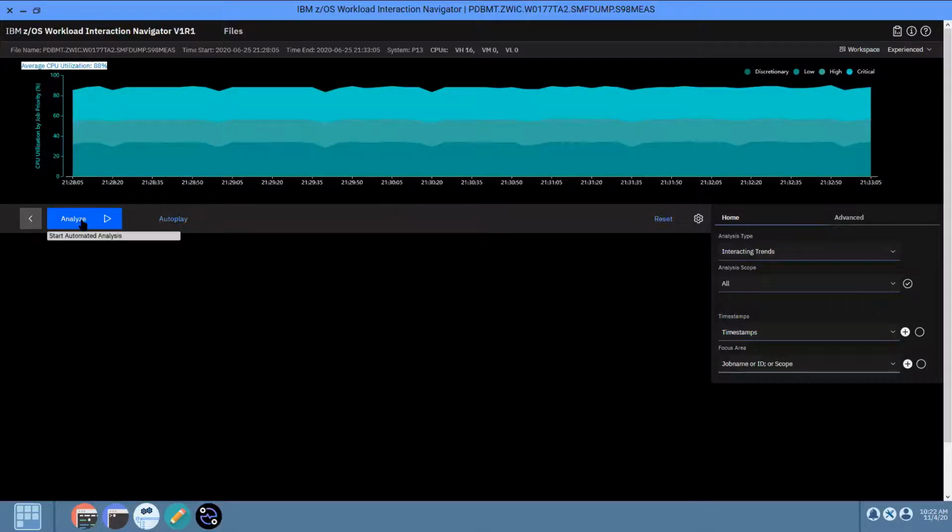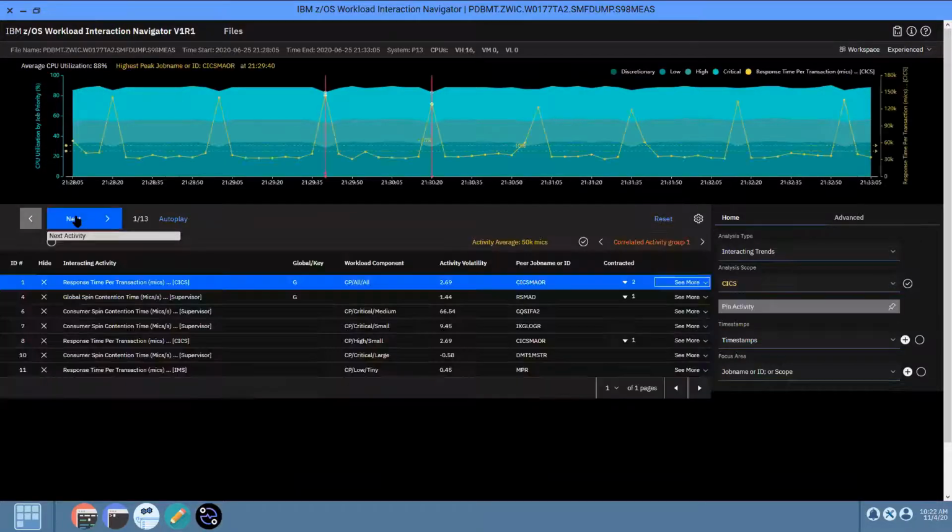The idea behind automated analysis is that we really want the analyst to be brought to the data that they should go take a look at for the anomalies in this particular workload. So I'm going to click the automated analysis button to kick off automated analysis. And basically what automated analysis does is that it's going to go and analyze all of the correlator data that was presented to the Navigator for this 5-minute interval in this case.